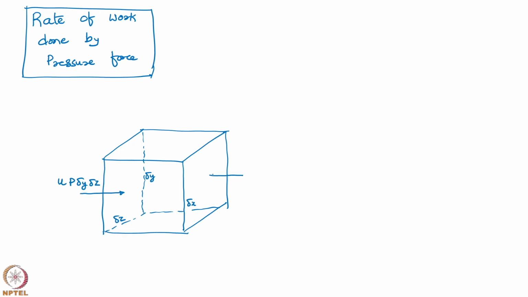Here the pressure is acting inwards. So u into P into dy dz, plus dou of uP by dou x into dx dy dz. This is at the other side.